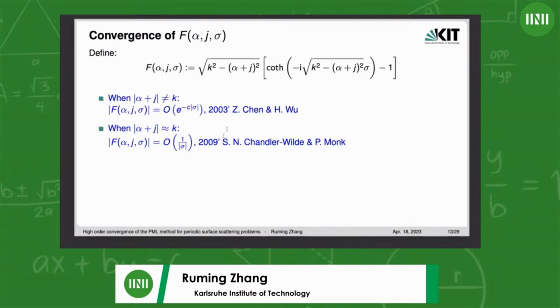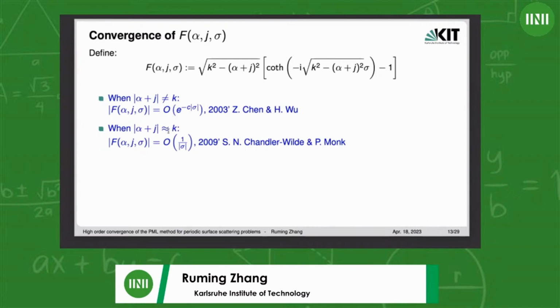So we get back to the two references I listed before. In the 2003 paper, the authors made the assumption that the absolute value of alpha plus g is always not equal to k. In this case, they had the convergence analysis that this function converges exponentially with respect to the absolute value of sigma. But in the 2009 paper, the authors considered a more difficult case when this absolute value is close to k.